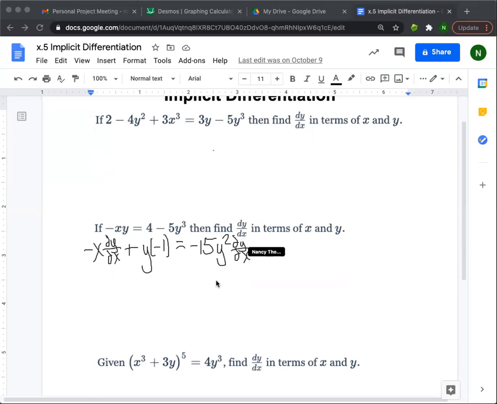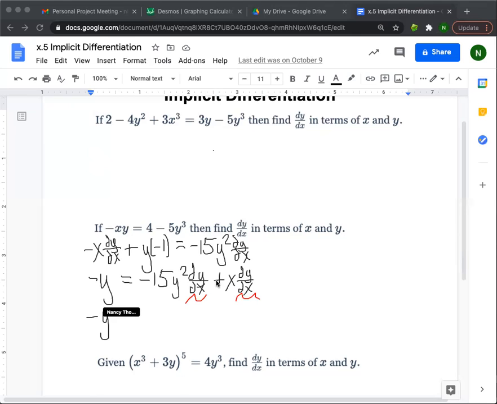Okay, so now I need to make sure that I get everything with a dy/dx on one side of the equation. So I am left with negative y is equal to negative 15y squared dy/dx plus x dy/dx. Okay, so now here I can look at my dy/dx's and factor them out.